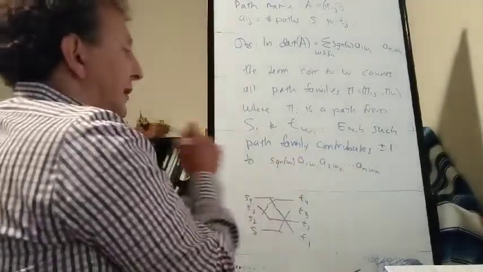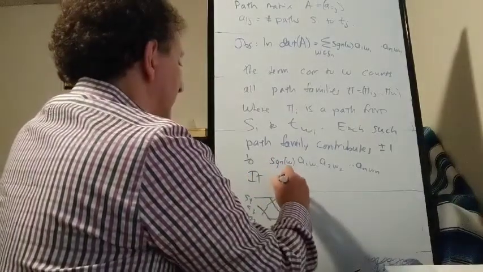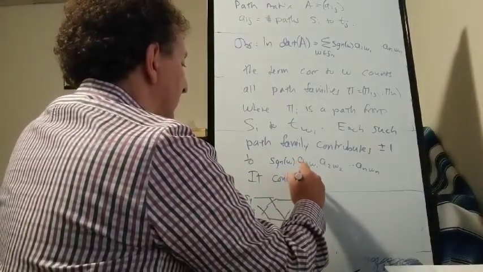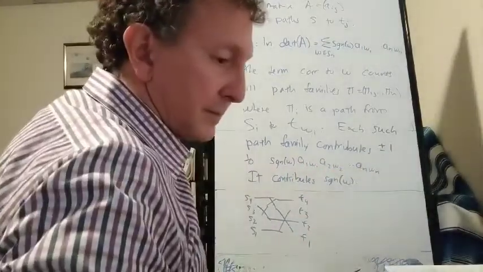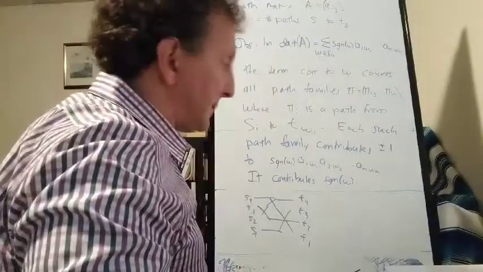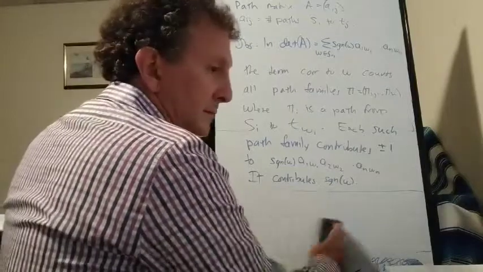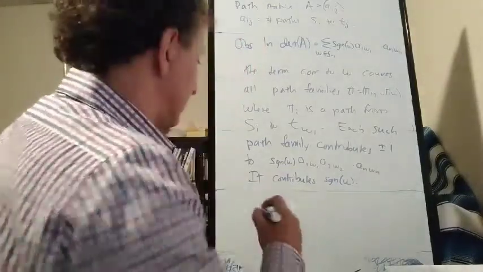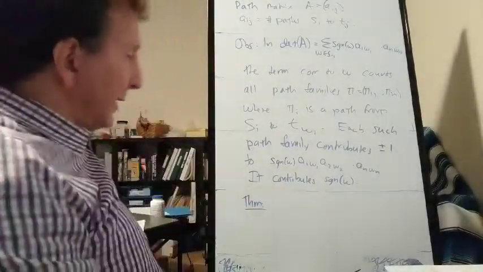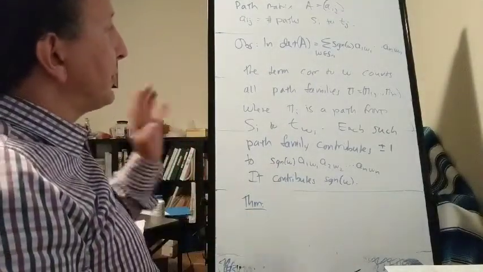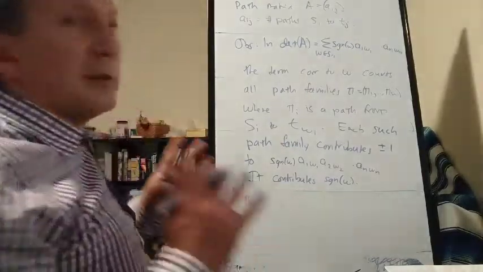In particular, it contributes whatever sign of w is. And I'll prove the result that these matrices are totally non-negative in 2 steps. So first theorem, let me look at just the determinant of A.